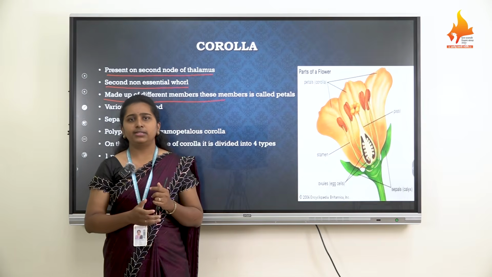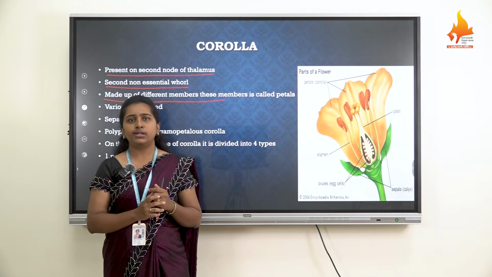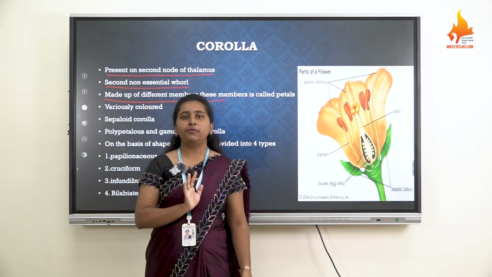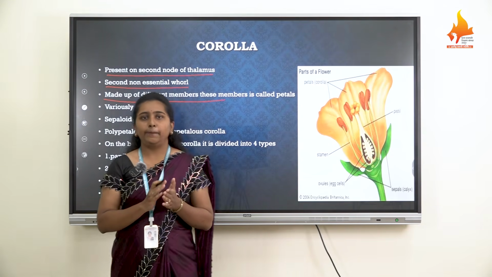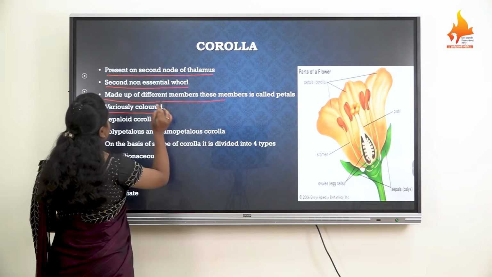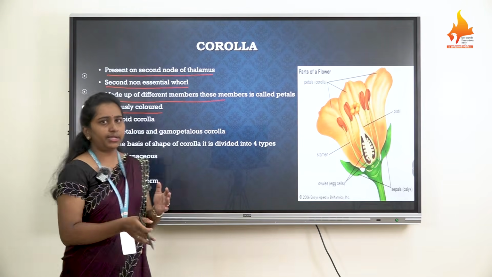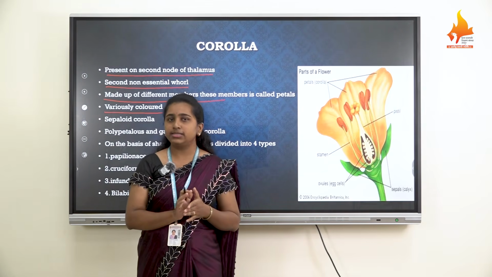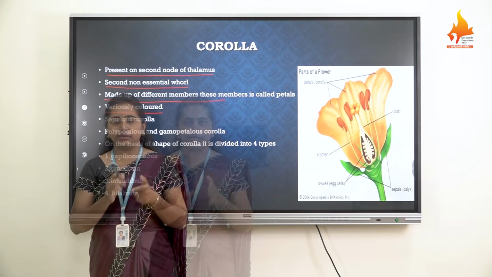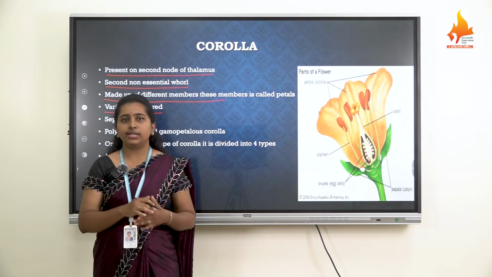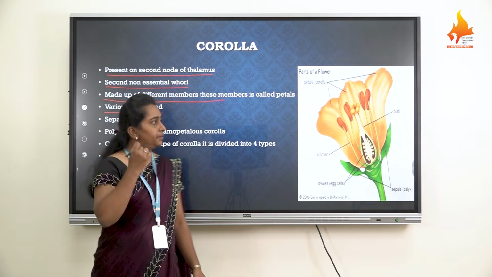In which the petals are free, then that type of corolla is called polypetalous corolla, and if the petals are fused, then that type of corolla is called gamopetalous corolla. Second, the corolla is generally variously colored, but in some cases corolla looks like the sepal, that is green in color. Then that type of petal is called sepaloid petal.